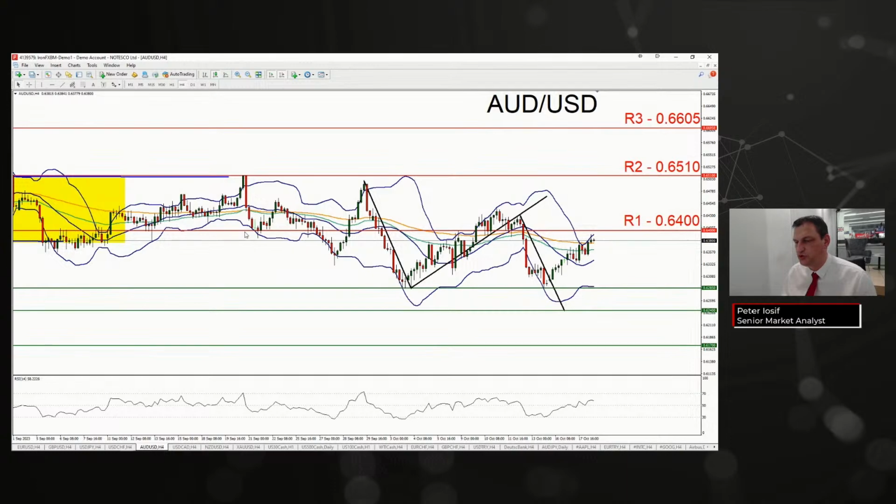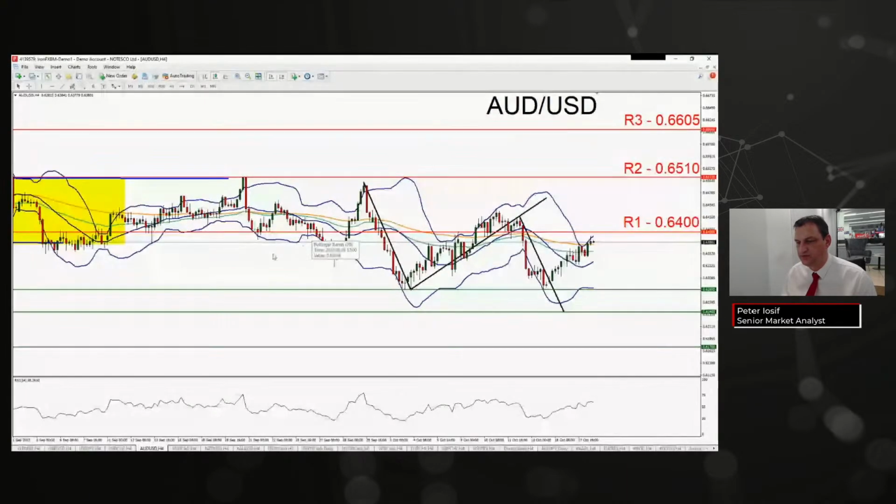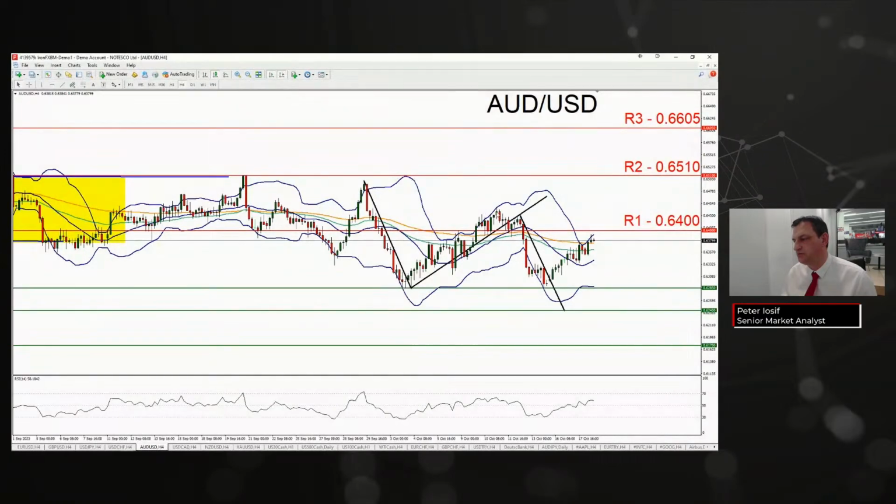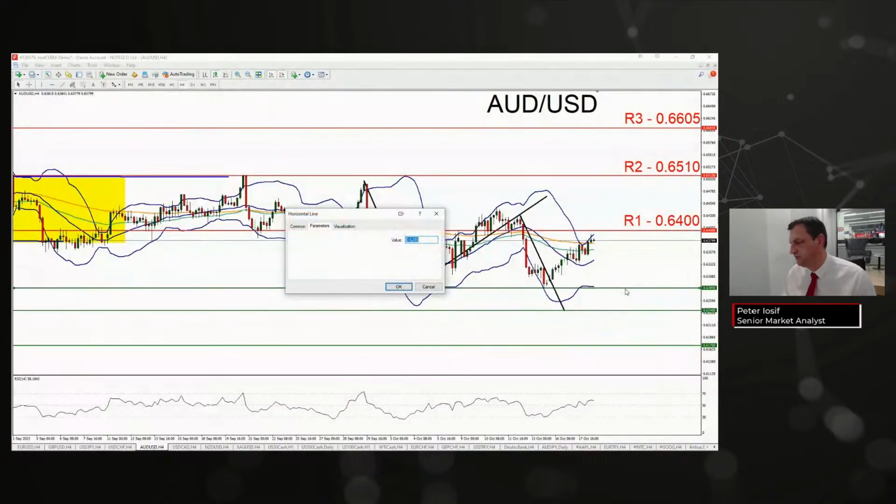It's a level which used to be a support line once, twice, 3 times, but also resistance line. And that's why we mentioned this as key. I would be avoiding this peak here. Moving now to the first support line being placed at 0.6285.